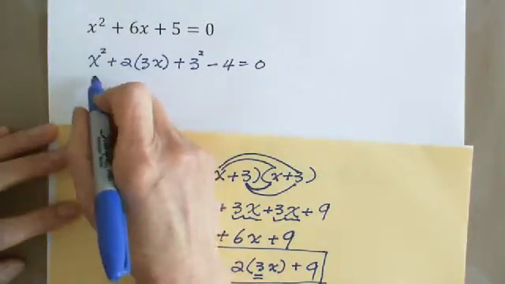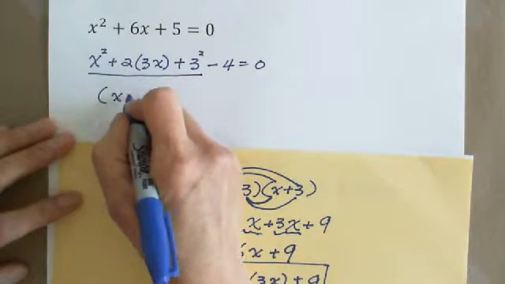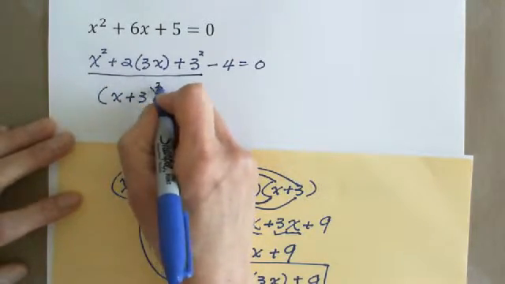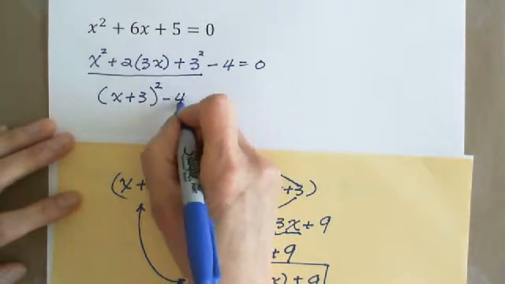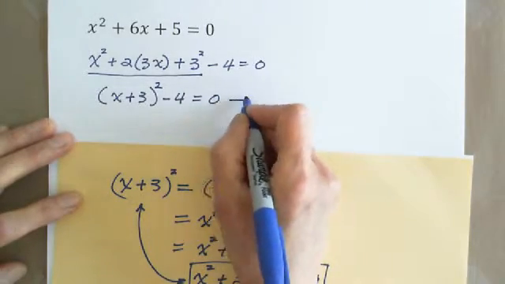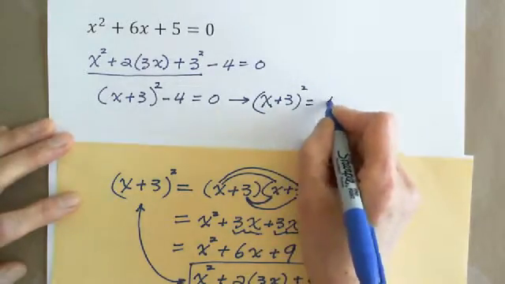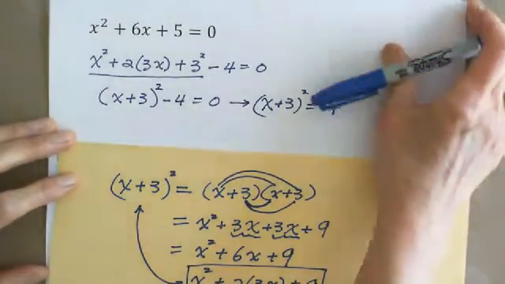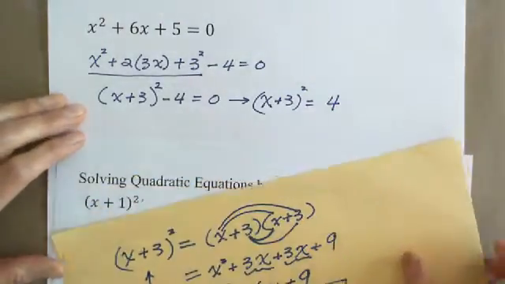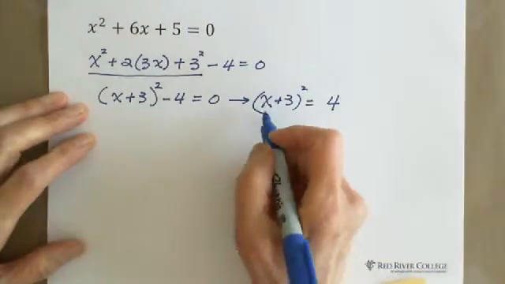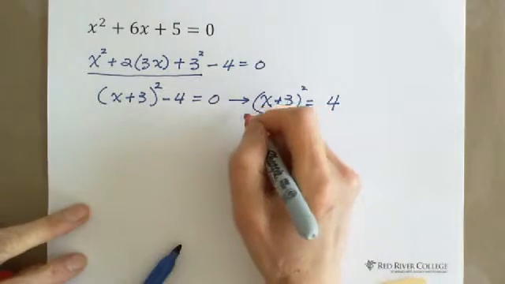For this part, we make a perfect square, which is (x + 3)². And we can move the negative 4 to the other side, so x plus 3 squared equals 4. Now the left side is a perfect square, so for solving this we just take the square root of both sides.